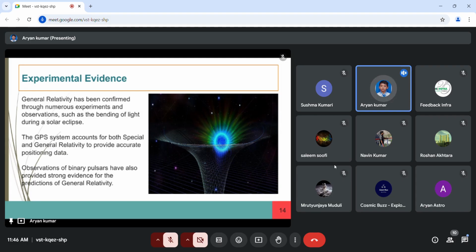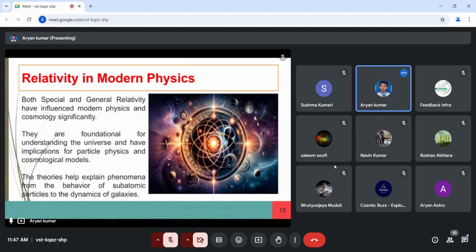Observations of binary pulsars have also provided strong evidence for the predictions of general relativity. So the GPS system we are using is the product of general relativity and special relativity. Thanks to both of them for providing the GPS system.